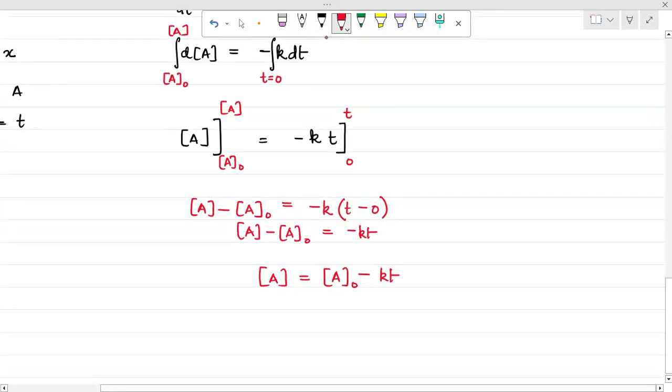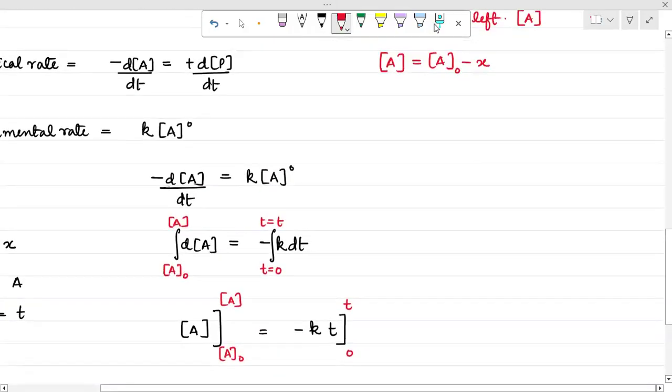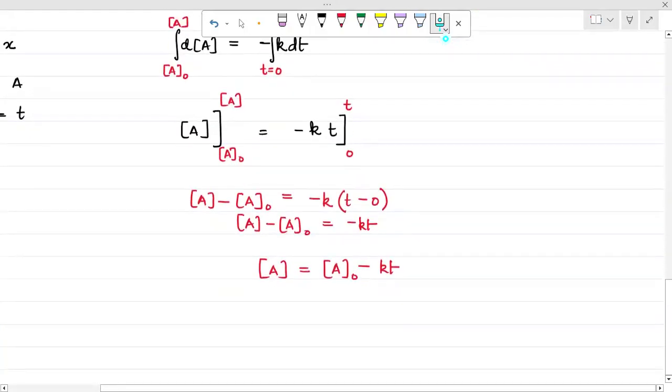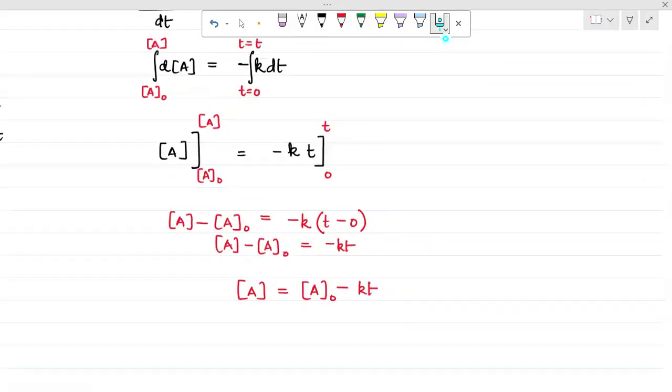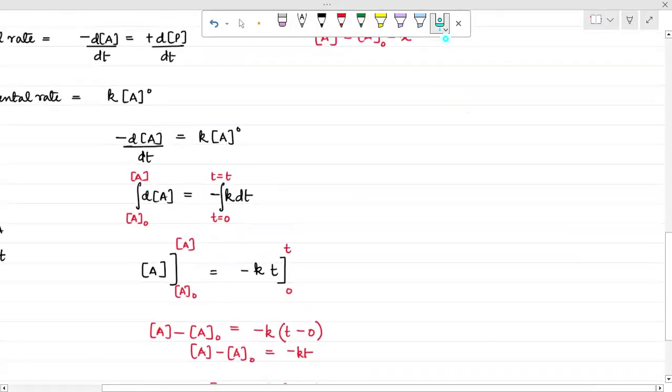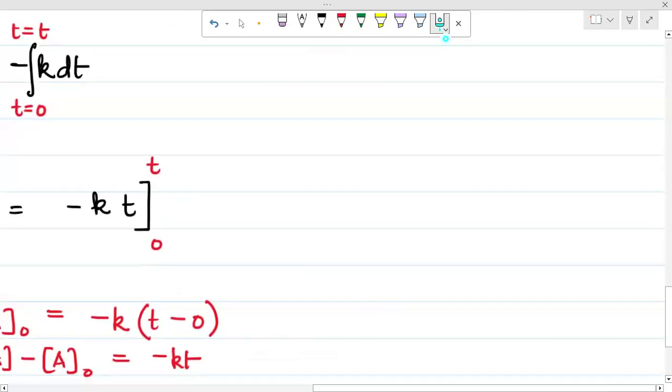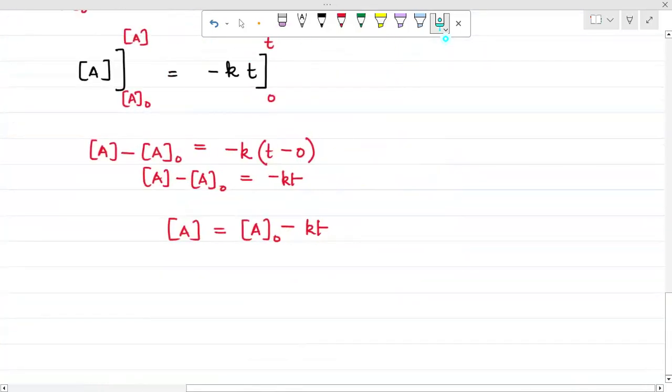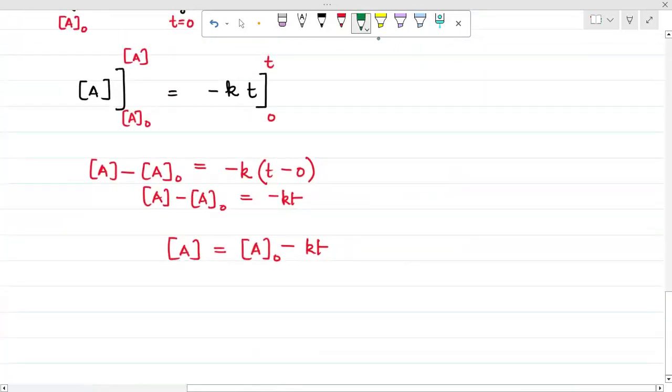It's just like the expression that we wrote over here. See, final concentration of A is equal to initial concentration minus X. Here you have final concentration of A is equal to initial concentration minus KT. So if you compare them, see, what do you have?